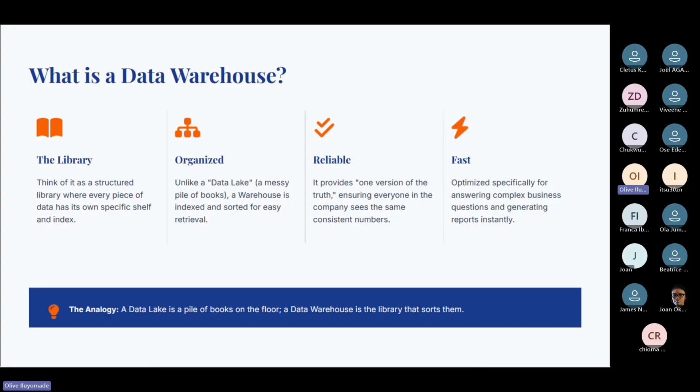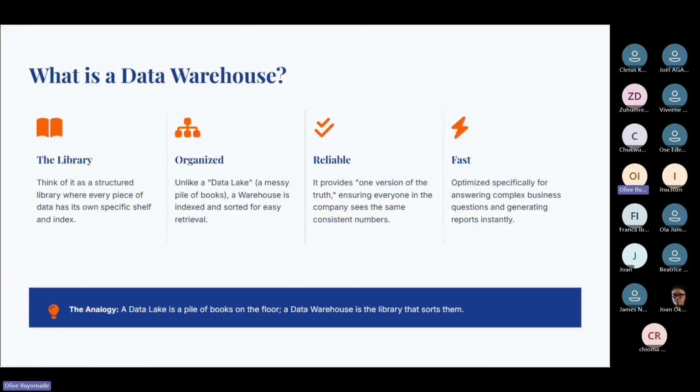Each book can be identified, especially when they're using an electronic system which gives an index to each book. It's easy for them to say, this book you're looking for, we have it in, or it has been lent out, it has been borrowed. So let's liken a data warehouse to a library.